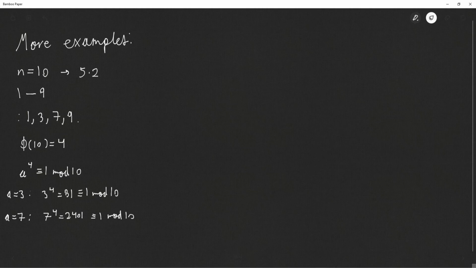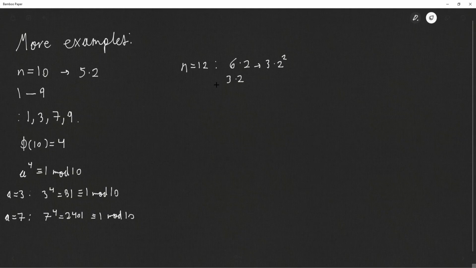And now let's try one more question with n being equal to 12. 12 is a little different because to break this up, this goes 6 times 2, but 6 can be broken up into 3 times 2. So this whole thing becomes 3 times 2 squared.